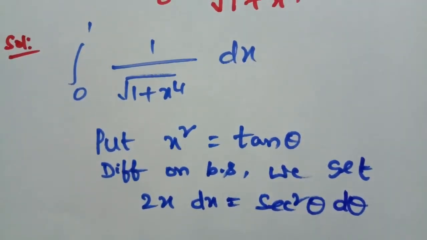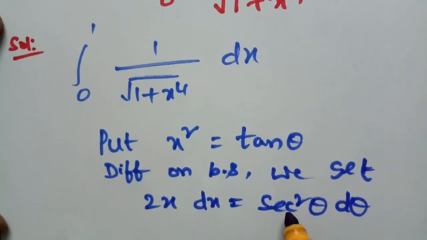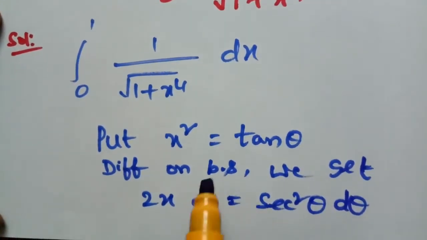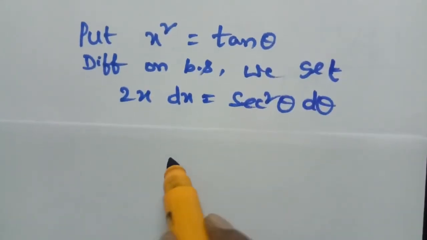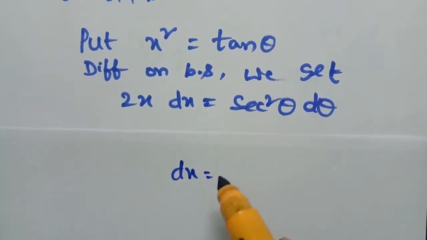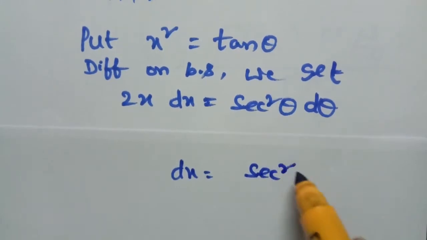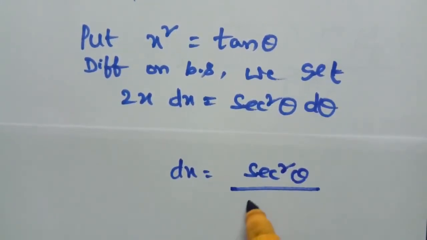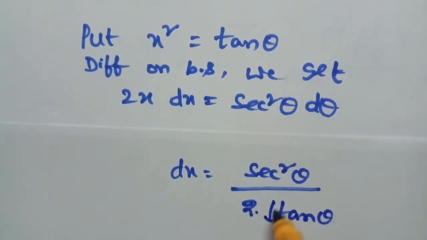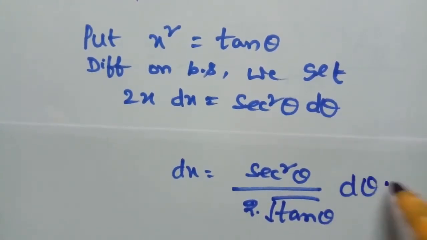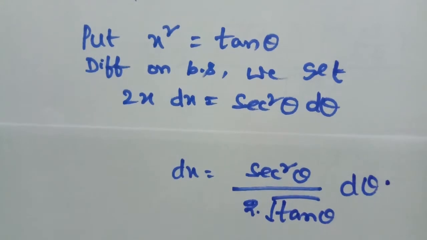So therefore dx is equal to secant square theta by 2x into d theta, but x is equal to root of tan theta. Therefore dx is equal to secant square theta by 2 into square root of tan theta into d theta. This is dx.